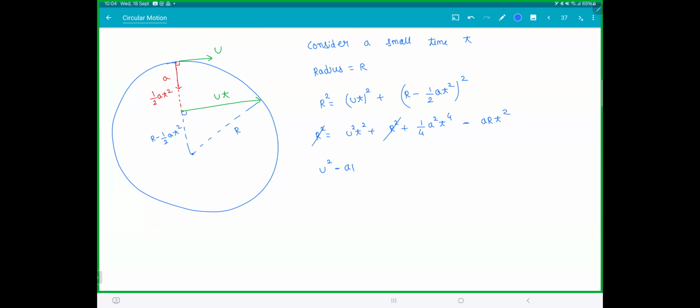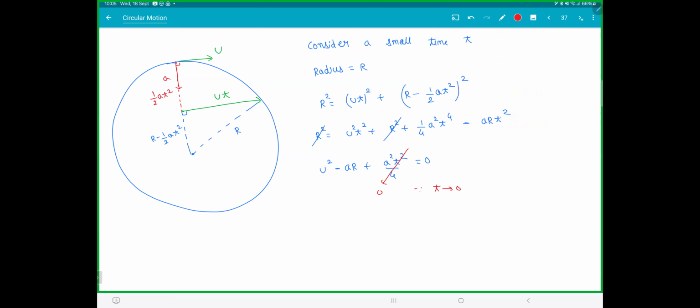You end up with u square minus a r plus a square t square by 4. Since we said the time is very, very small, t tending to 0, this term is 0.